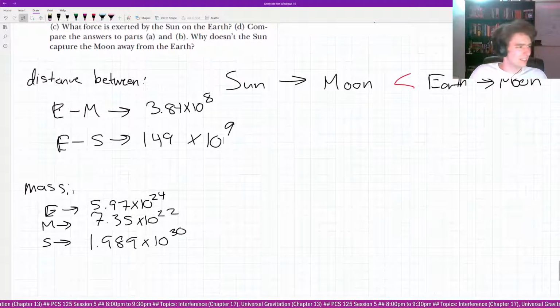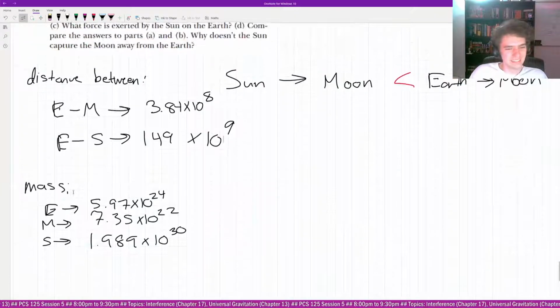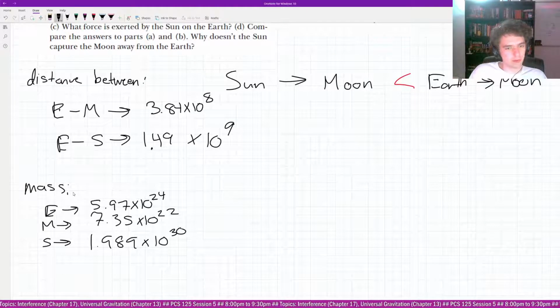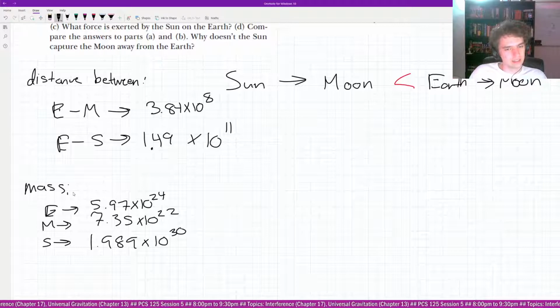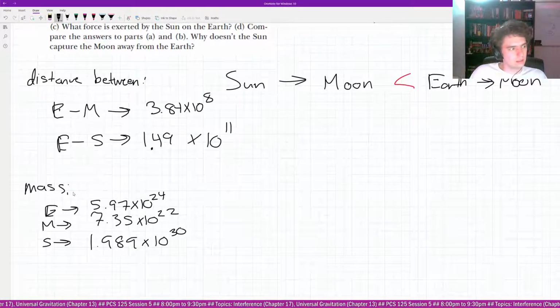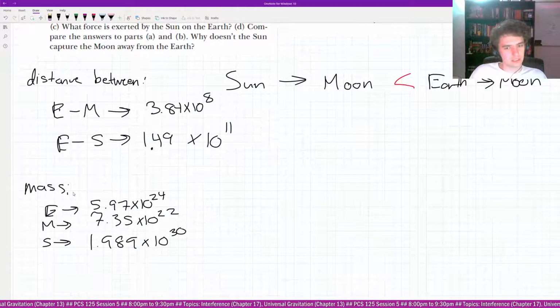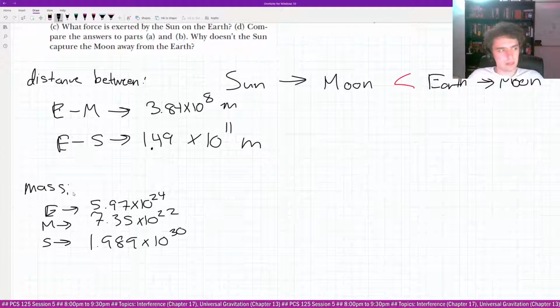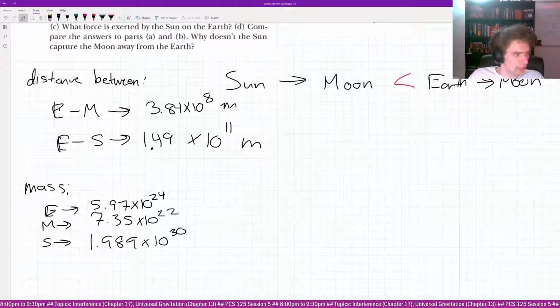I think it's 1.49 times 10 to the 11. Yeah, 1.49, but I was doing 149. Isn't it 150 million kilometers? This is in meters, right? Yeah, it is. Okay, good.